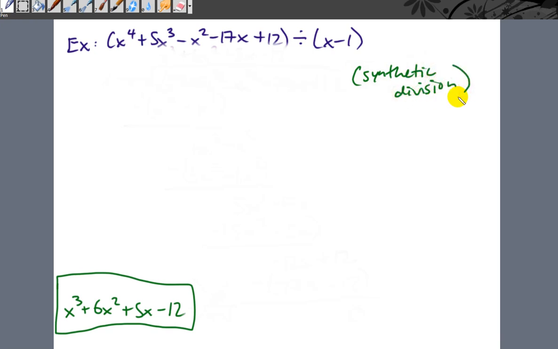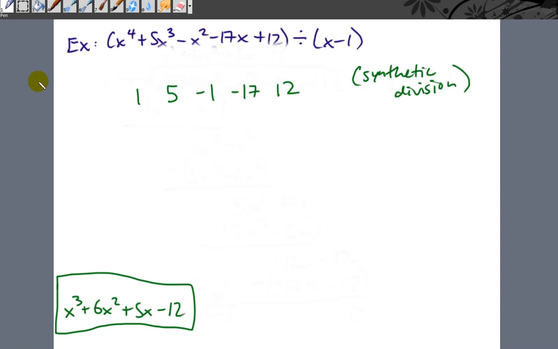Okay, so same idea like I showed you earlier, right? So what you want to do is there's no leading zeros you have to add, so you're just considering all the coefficients that are in front, right? So if we write this, it's going to be a 1, we have a 5, we have a -1, we have a -17, and then we have a 12.